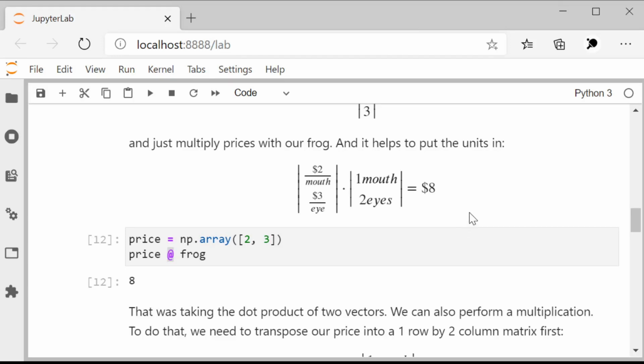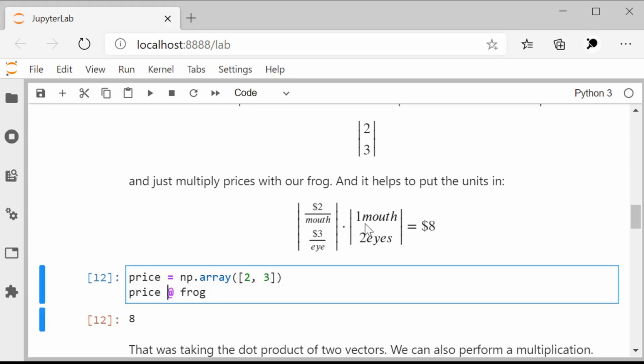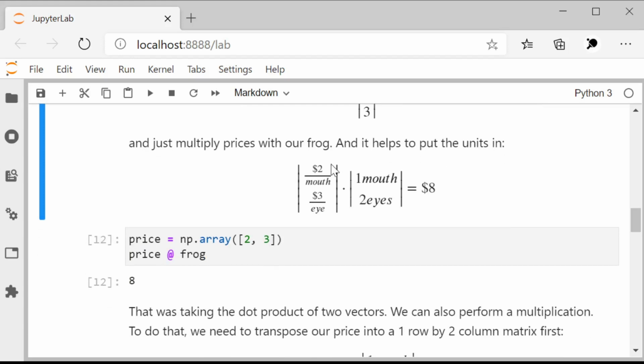And before we go on, just one more note here: if I'm trying to take the dot product of 2 vectors, the number of elements in each vector must be the same. Otherwise, it wouldn't make sense, right? Because I need the dollar amount per mouth and the number of mouths, and the same for eyes.